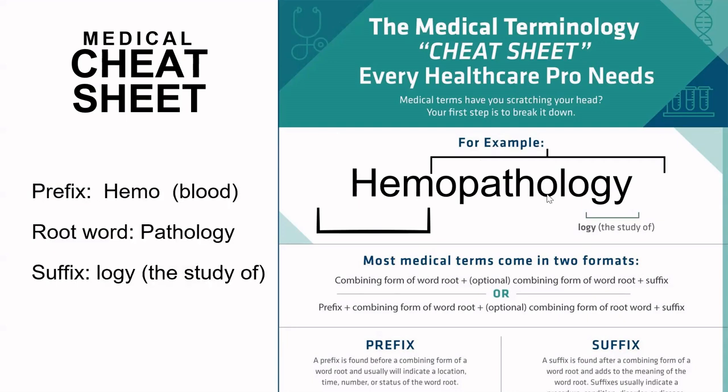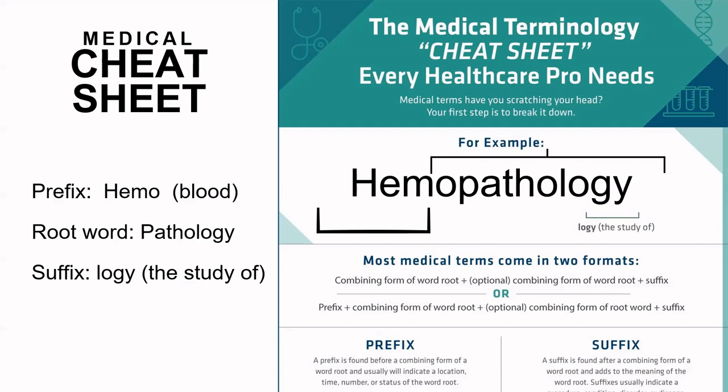Hemopathology. Prefix is hemo. That has to do with blood, like hemophiliac, hemoglobin. And pathology. What actually is pathology?